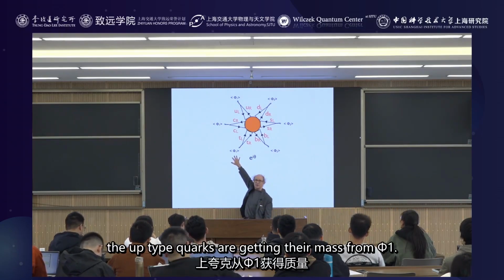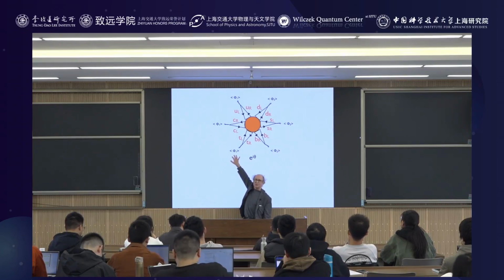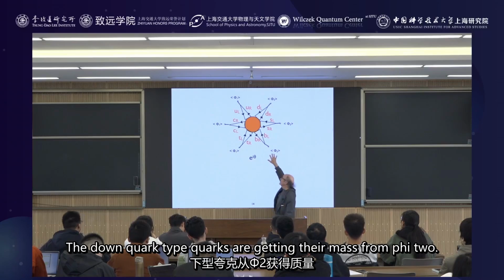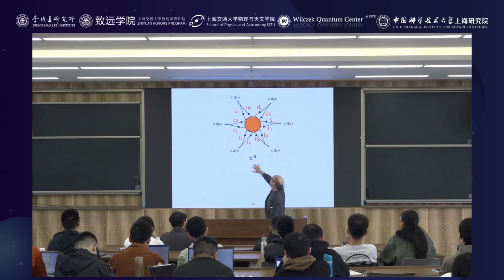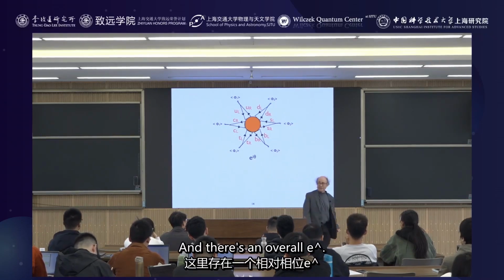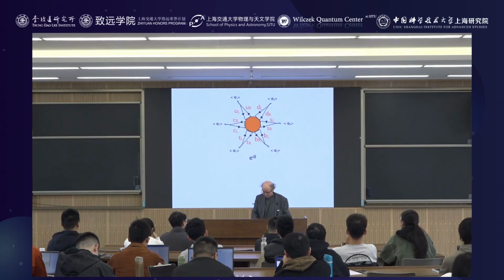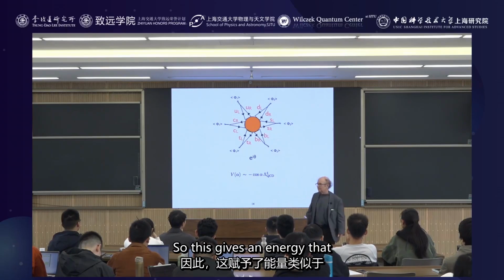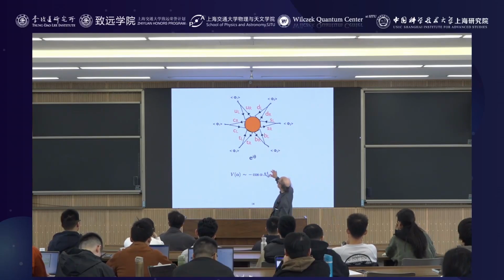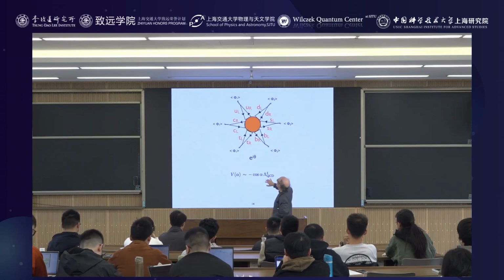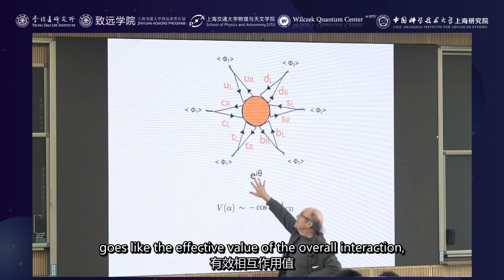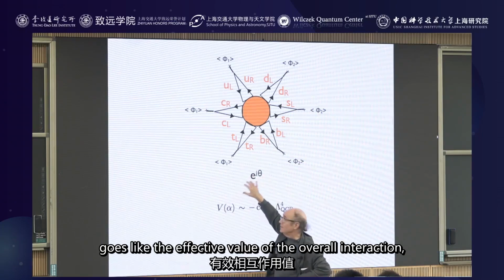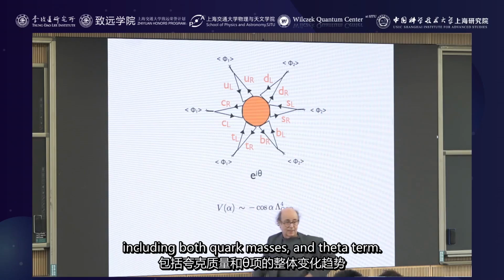The up-type quarks are getting their mass from phi 1, so there are 3 of those. The down type quarks are getting their mass from phi 2. There are 3 of those. And there's an overall e to the i theta. So this gives an energy that goes like the effective value of the overall interaction, including both quark masses and theta term.